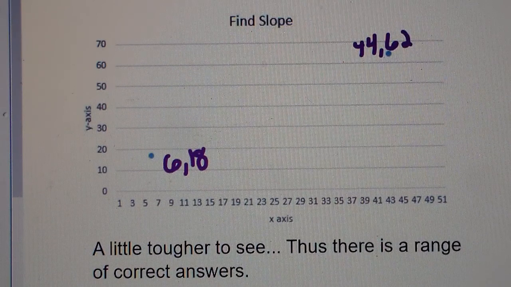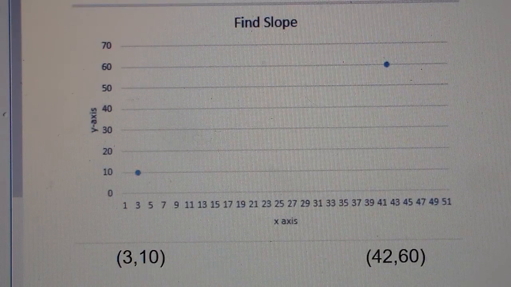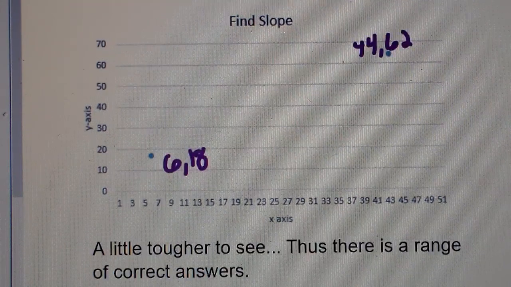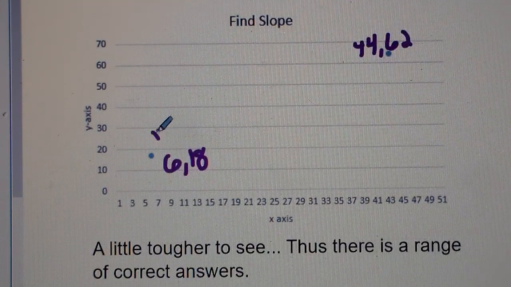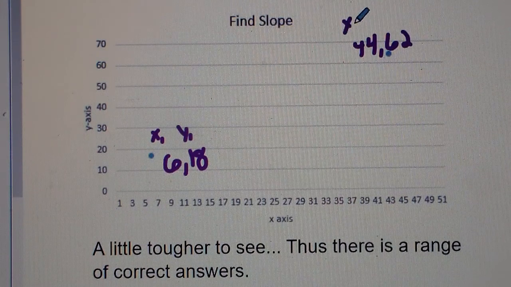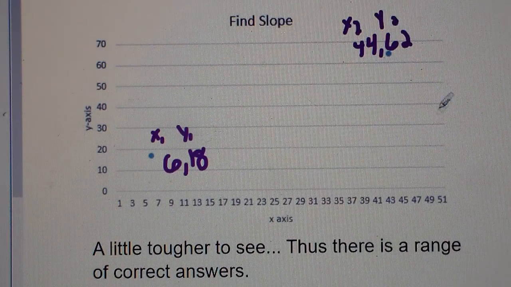So what I'm going to do there: that's my x1, y1, x2, y2. I'm going to plug those numbers in.